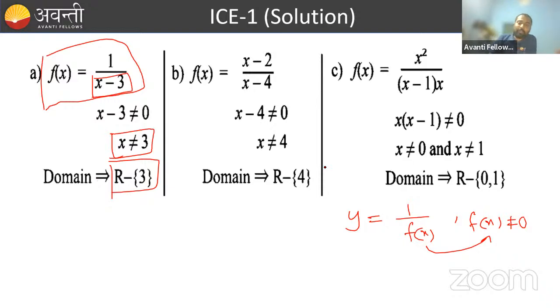So in this case, the domain will be R minus 4, right? So 4 is not included. The set of all real values of x except 4 is the domain of f of x. You can think about it also in this way: f of x is equal to x minus 2 upon x minus 4.